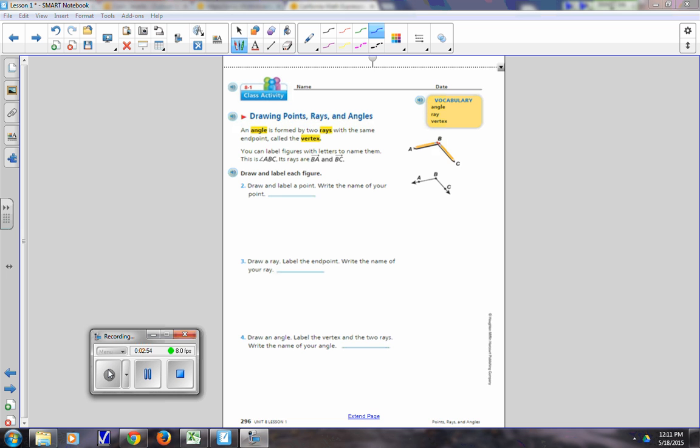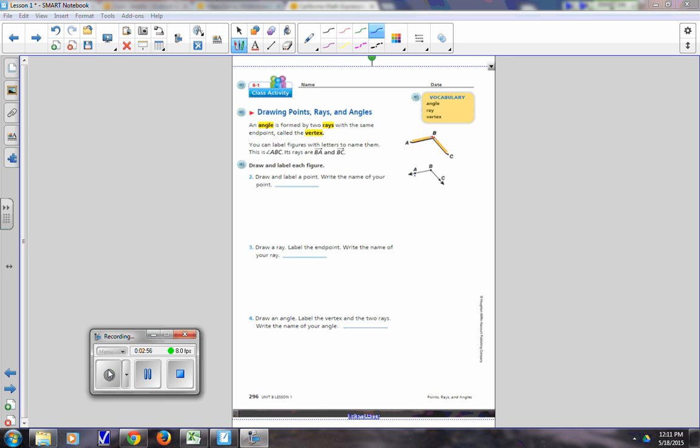So here, you notice there are 3 endpoints, A, B, and C. You can label figures with letters to name them. So this little object right here is called angle ABC. And you always put the vertex, or the corner, in the middle when you're naming an angle.